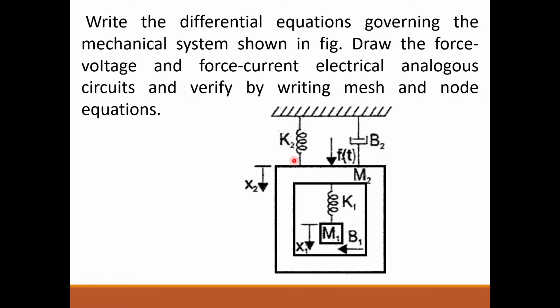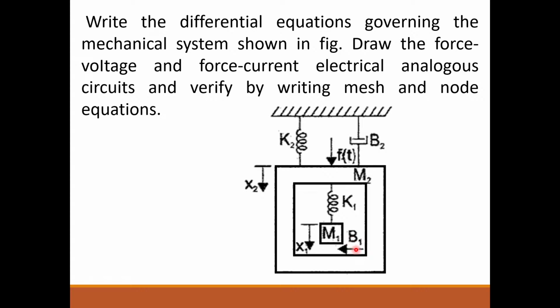Here at mass M1, there is no applied force. The applied force F of t is at mass M2. Only opposing forces are there at M1: one force due to mass M1, one force due to B1, and one force due to K1.